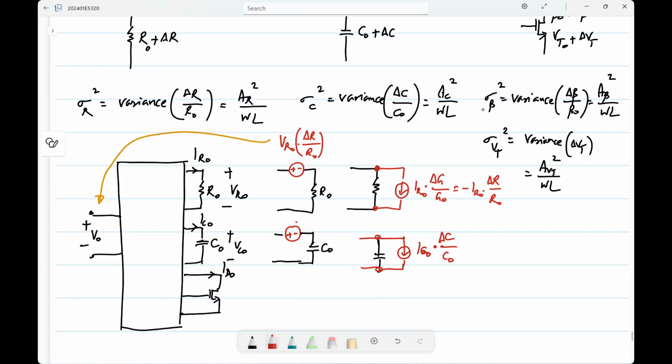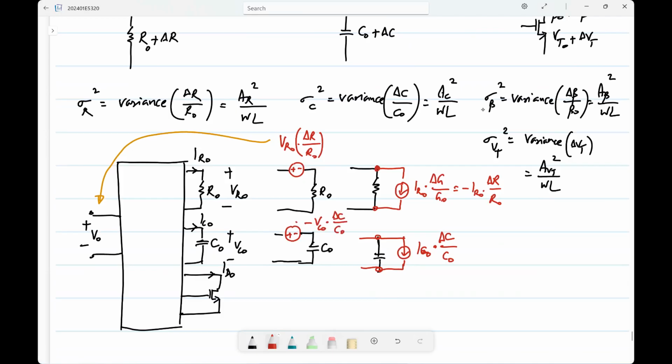Okay. Is that fine? So what will be this voltage source? What is that going to be? So again, you just convert this into the Thevenin equivalent and you will get minus Vc naught times delta C by C naught.